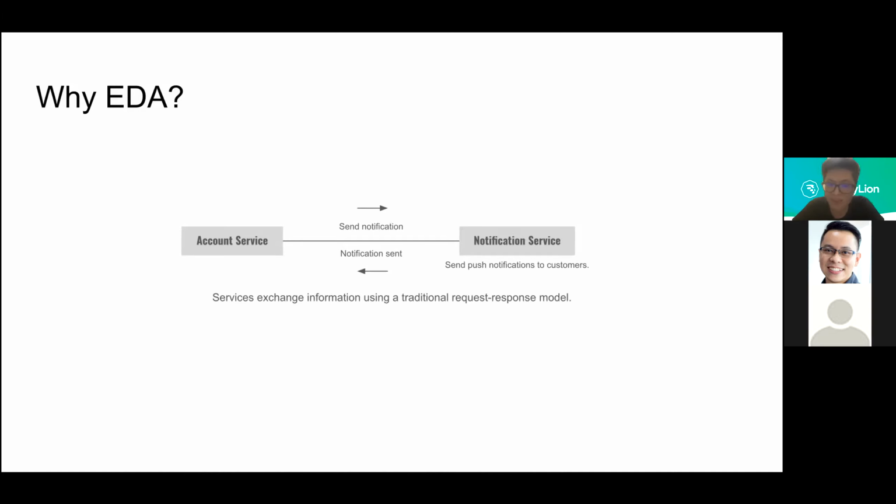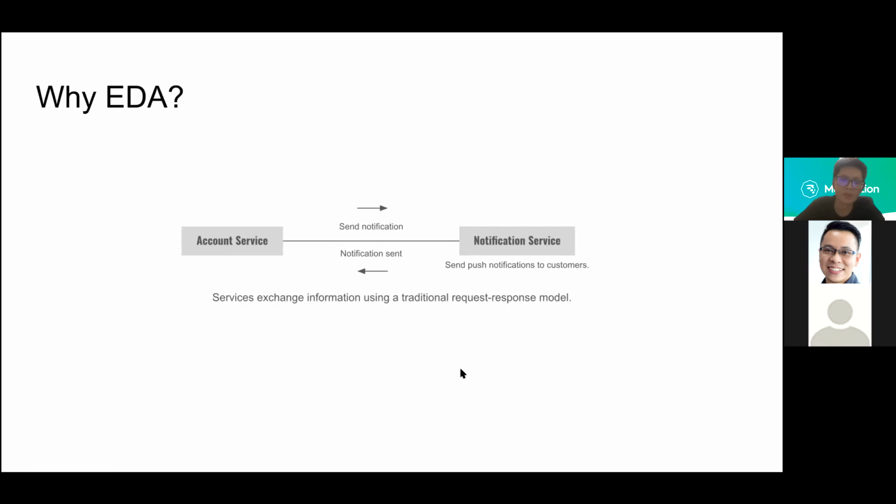In this case, the account service will handle, say, someone withdrawing money via the account service. And what we want to do is notify the customer about the withdrawal that happened.